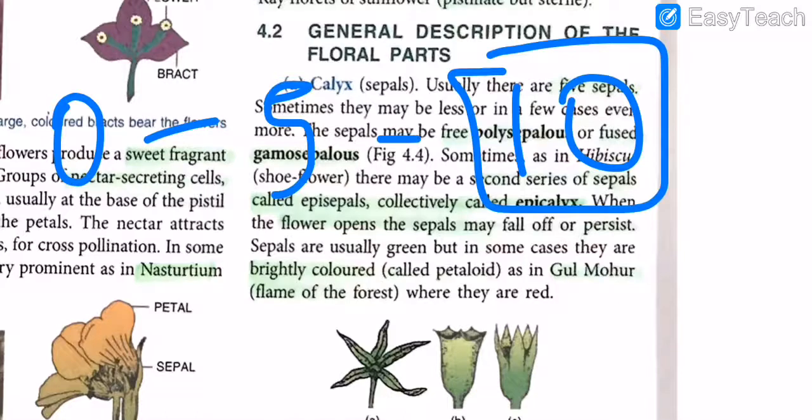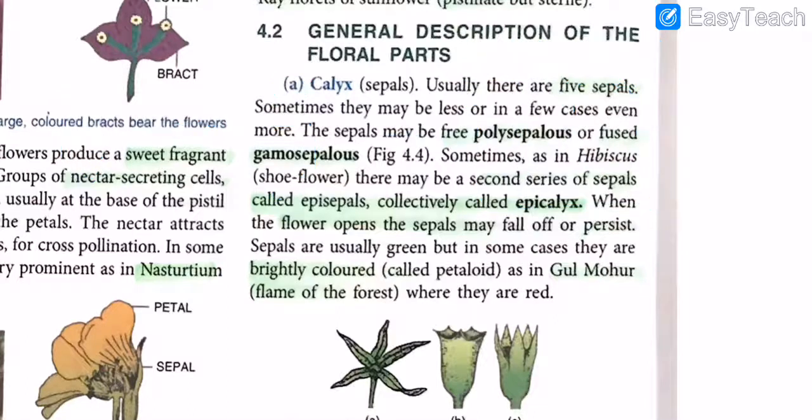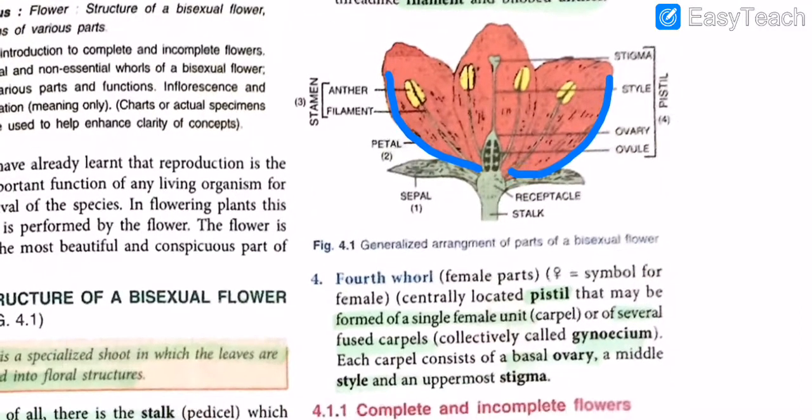The sepals may be free, polysepalous, or fused, gamosepalous. Now sometimes, as in a hibiscus, a shoe flower, there may be a second series of sepals called episepals, and they're collectively called the epicalyx. So what does a sepal look like? Let's go back over here and see.